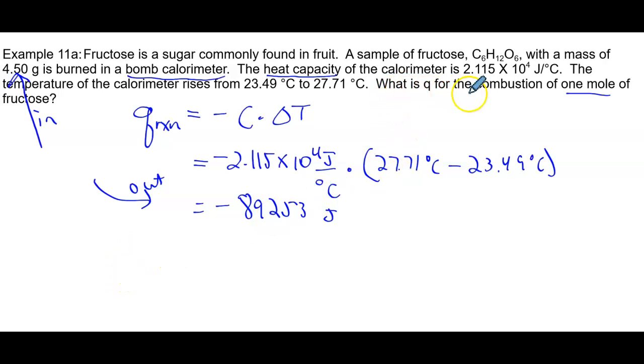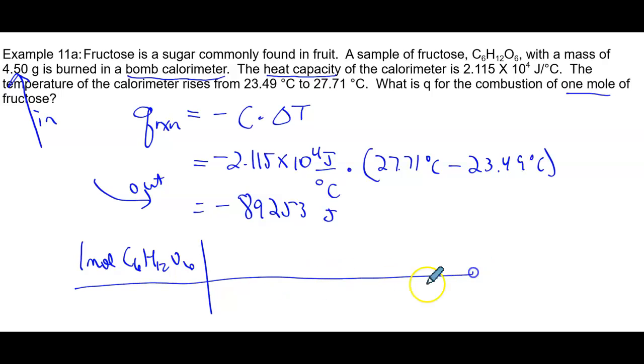It wants to know what is Q for the combustion of 1 mole of fructose. So we're going to take 1 mole of C6H12O6 and we're going to go to joules. Now we have that new relationship we've established in this unit between the out and the in: 4.50 in and 89,253 out. So for every 1 mole of C6H12O6, I'm going to figure out the grams of C6H12O6.